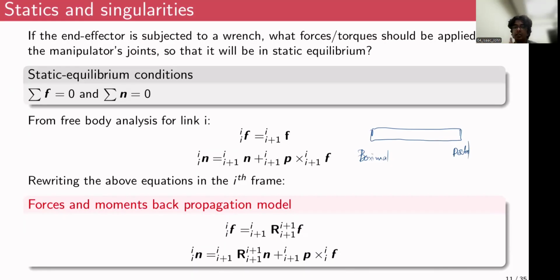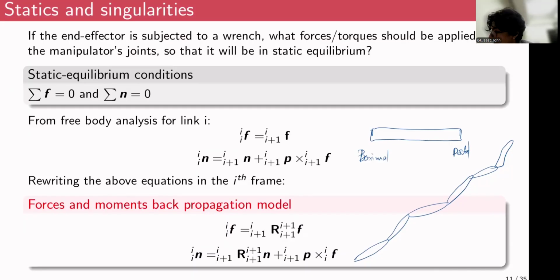If you consider the entire robot manipulator, it consists of a series of rigid bodies. And in statics, instead of propagating the velocities, we propagate the forces. And this time, instead of propagating from base to the end effector, we propagate in the opposite direction, from the end effector to the base.